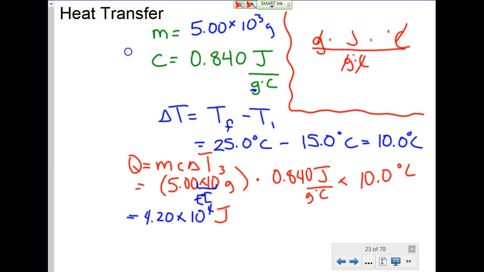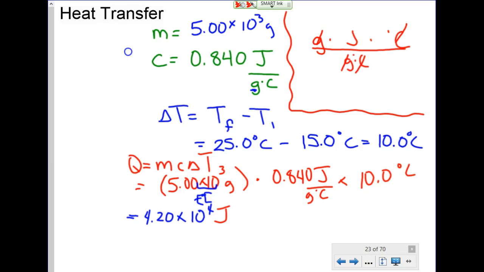Sometimes you're going to be asked to take one more step and represent that number in kilojoules. There are 1,000 joules in 1 kilojoule.